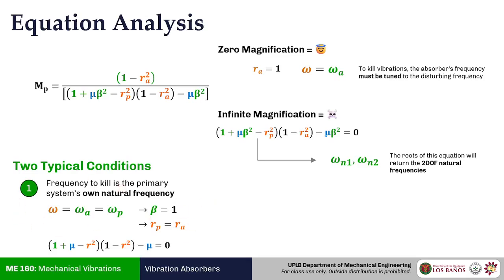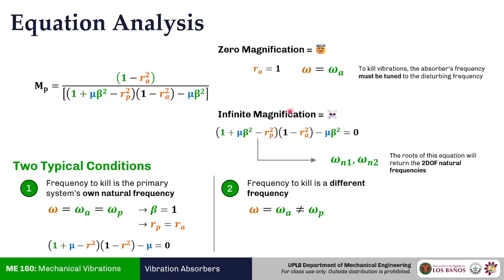Now, the second case, which is probably the more common one, is if the omega that you have to kill is outside of or not the same as your primary frequency. So this is your ideal case. The primary frequency of your main mechanism is actually very far away, but the omega that you want to target is causing deleterious amplitudes that affect your operation.